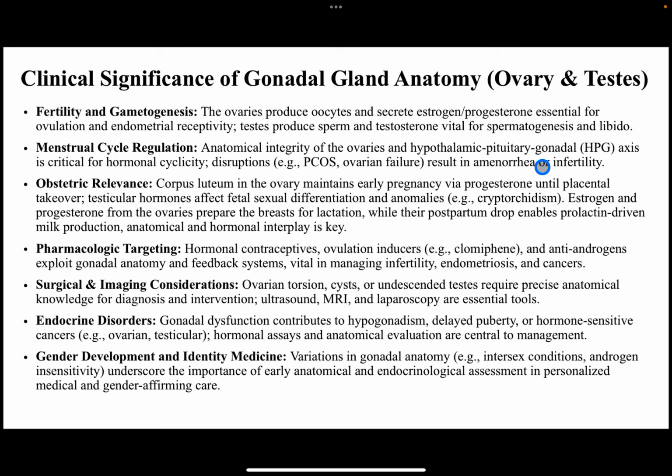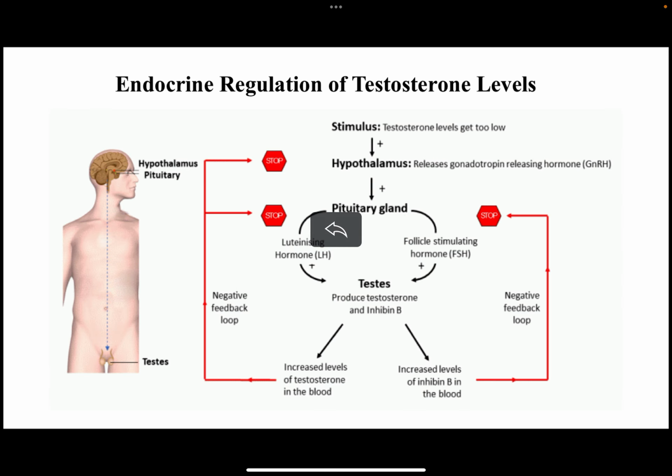Is that okay? Amenorrhea. And this is something that you should know. Okay, so if you are having a problem with the hypothalamic-pituitary-gonadal axis, you can end up having infertility. You can end up having gonadal failure or ovarian failure, testicular failure. Okay, that is something that you have to know, and that can lead to issues like infertility.